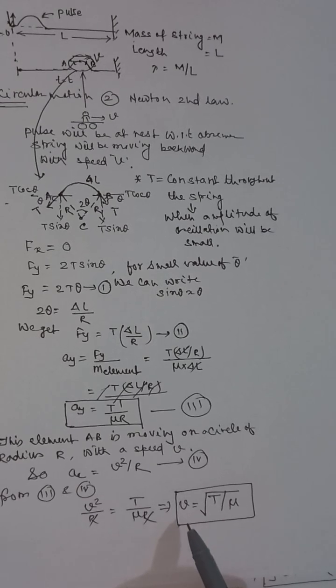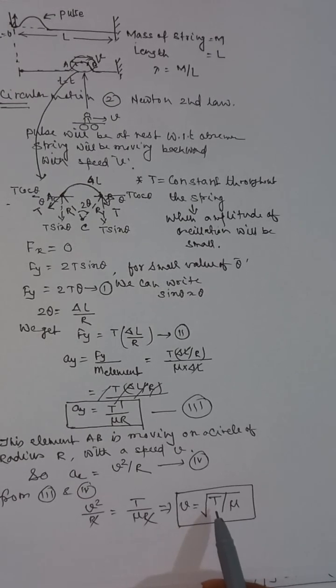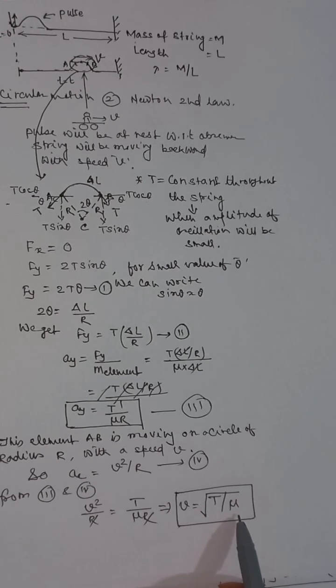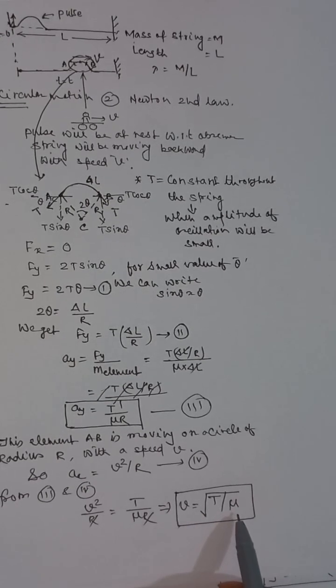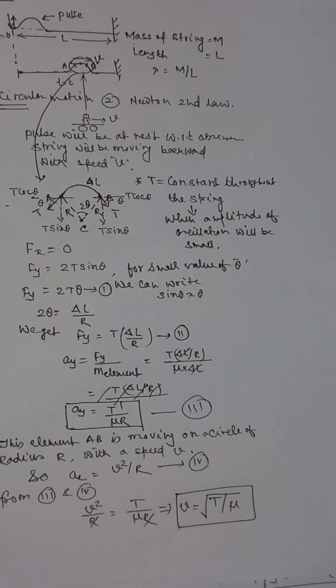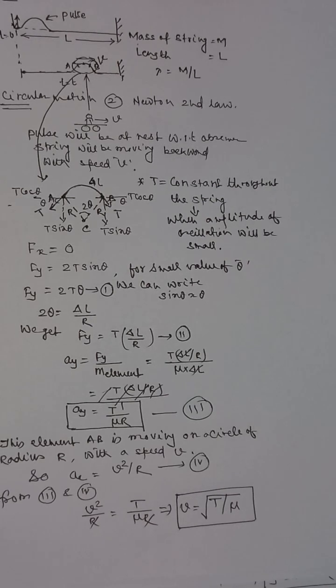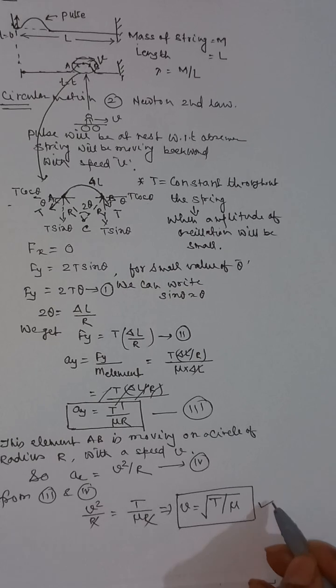See, the velocity depends on the tension, which is the elastic nature of the string, and mu, the mass per unit length, which is the inertial property. So it depends on the elasticity of the medium and the inertia of the medium. It does not depend on the wavelength or frequency. These parameters are not coming in this expression. So v is equal to square root of T by mu.